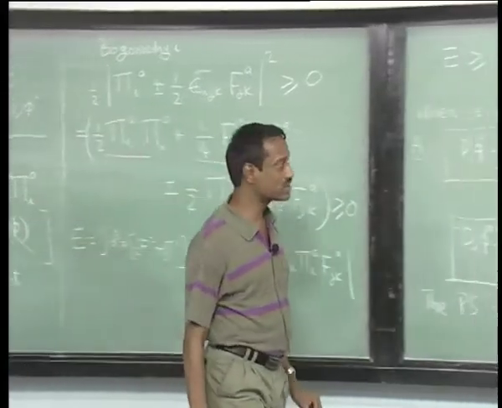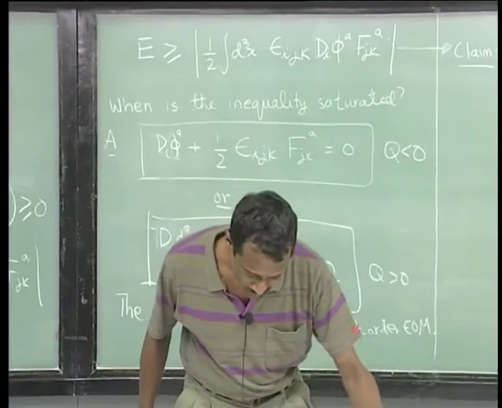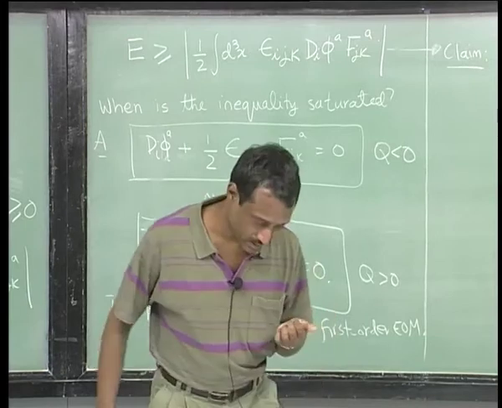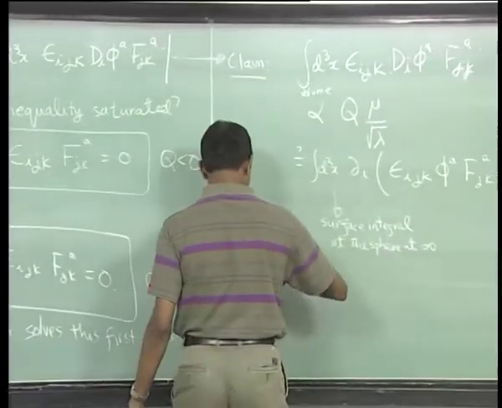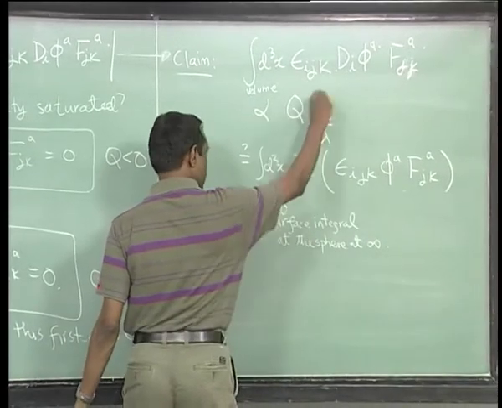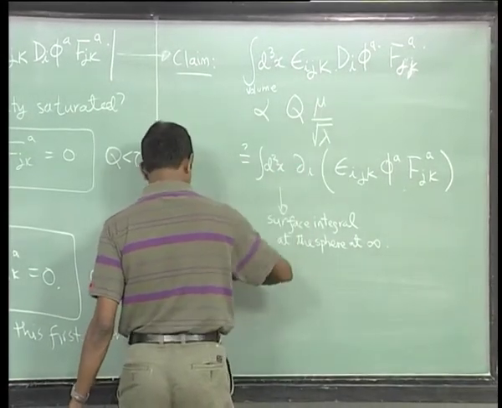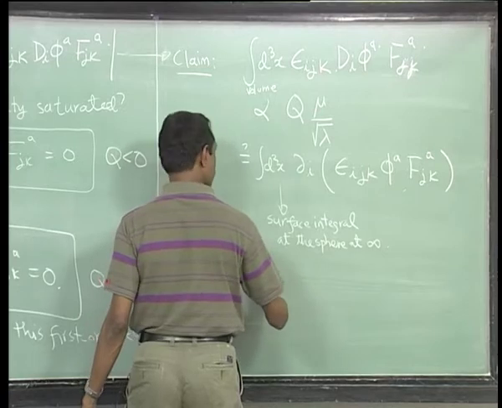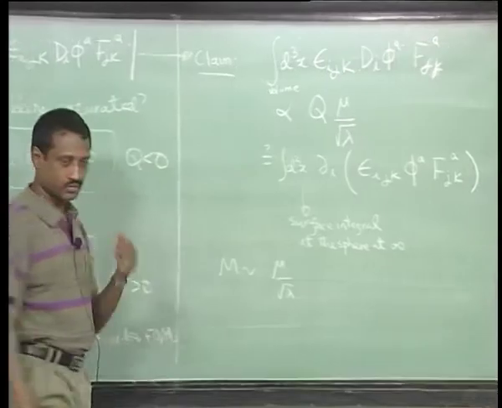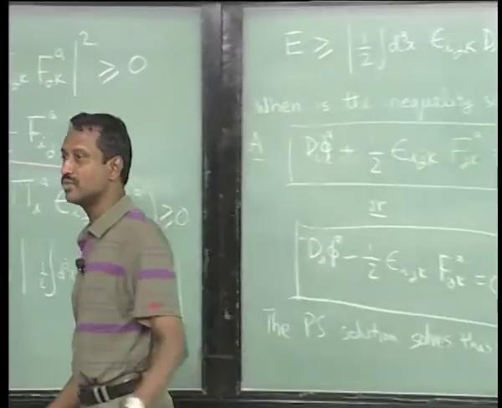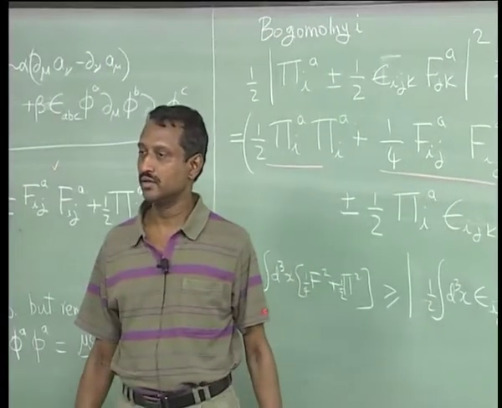And of course, if you look at the Prasad-Sommerfeld paper, they do give the mass, which we already wrote long ago: it went as mu by root lambda. There were some e's etc., but it is really mu by root lambda.